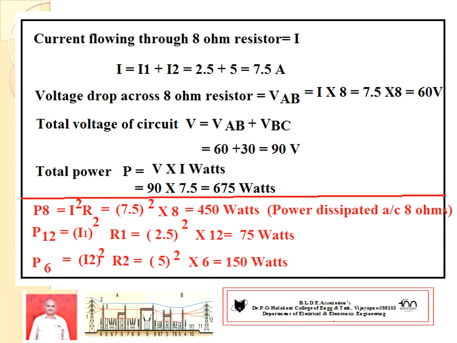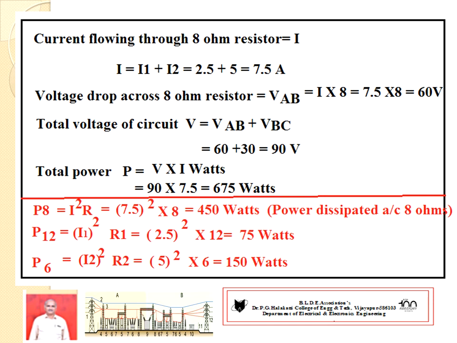Now applying KCL, sum of incoming currents is equal to sum of outgoing currents. 2.5 and 5 are outgoing currents, I is the incoming current. So I should be equal to 7.5 ampere.